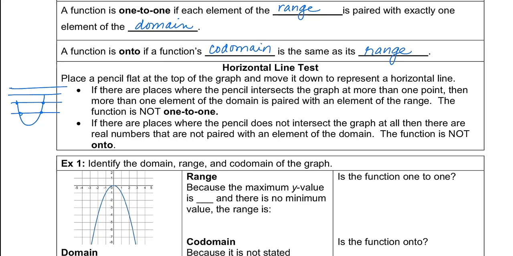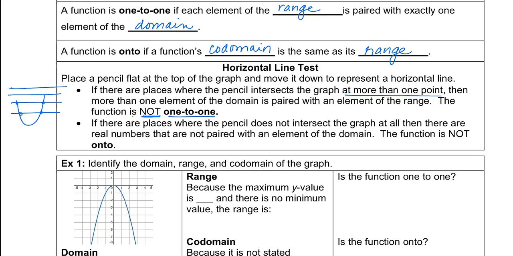If there are places where the pencil intersects the graph at more than one point, then more than one element of the domain is paired with each element of the range. The function is not one-to-one. So if it crosses at no more than one point, then it's one-to-one.